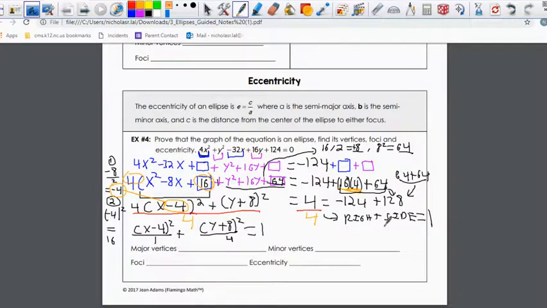Now, my major vertices, from this equation right here, I have all the information that I need. Okay? The major vertices are going to be, remember, the center is at 4, -8.